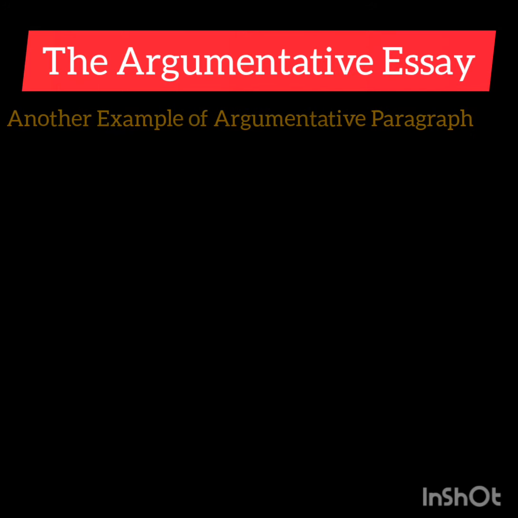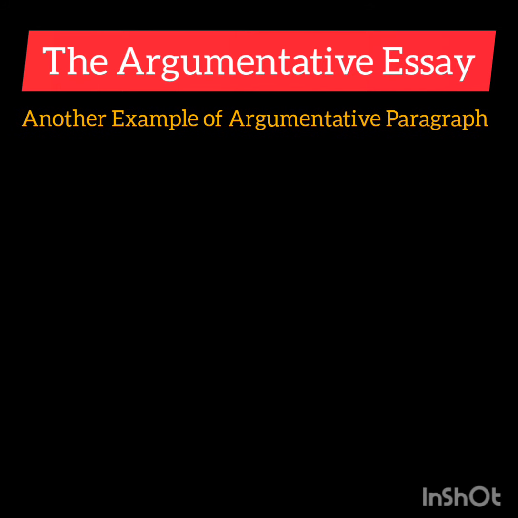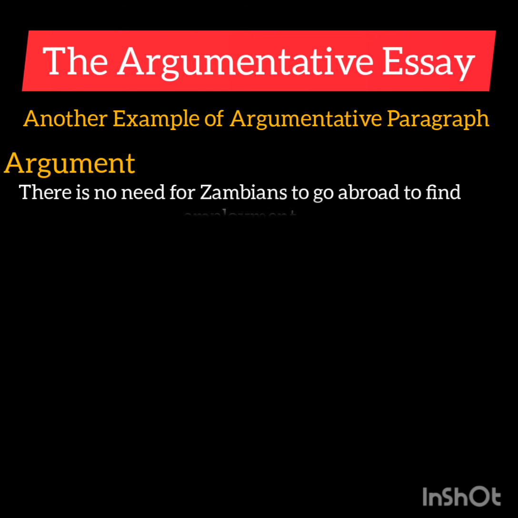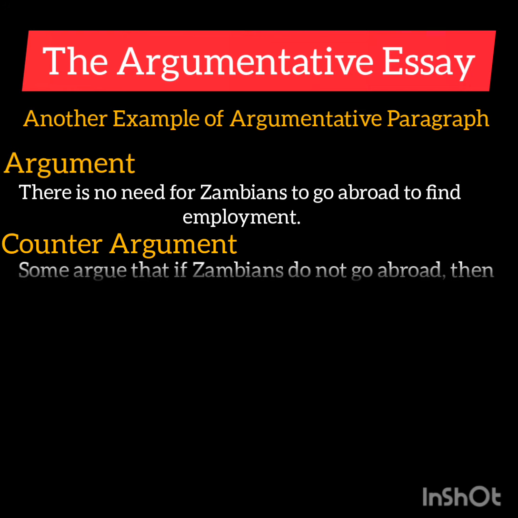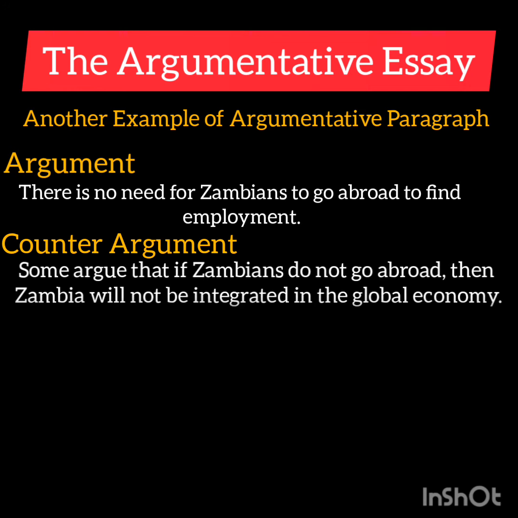Here is another example that shows an argumentative paragraph. The argument. There is no need for Zambians to go abroad to find employment. The counter-argument. Some argue that if Zambians don't go abroad, then Zambia will not be integrated in the global economy.